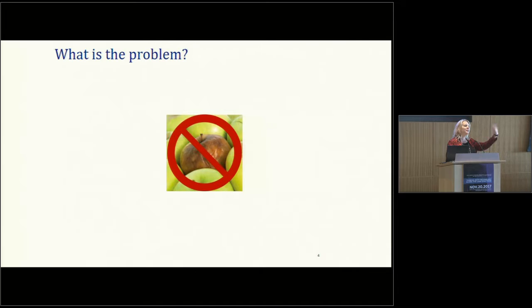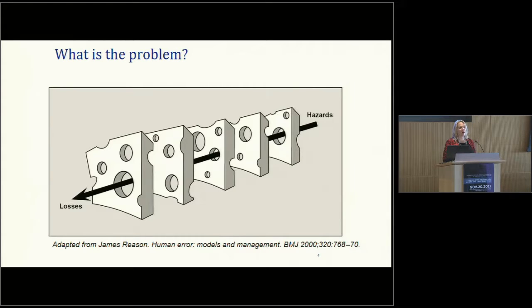It's really a system-wide problem, a socio-technical system at play. I really like to look at this figure that was adapted from James Reason. That's really taking a systems approach. Healthcare is very, very complicated. There are a lot of hazards at play.